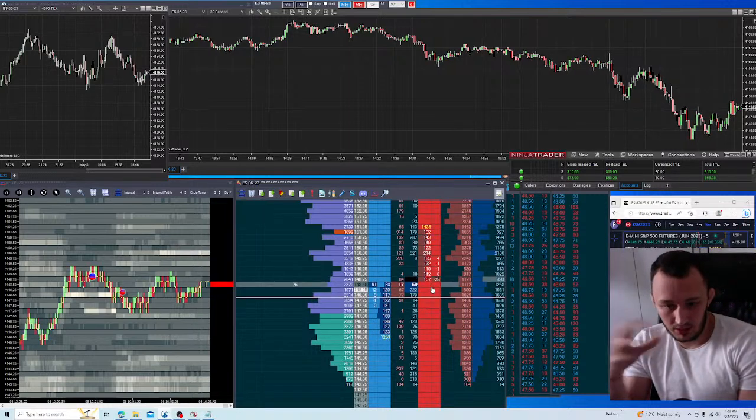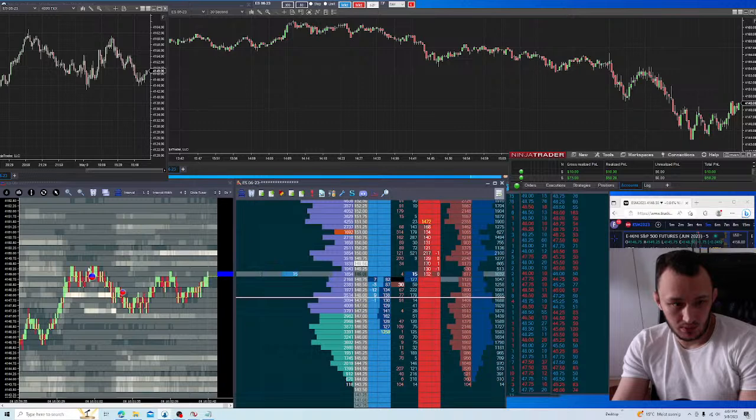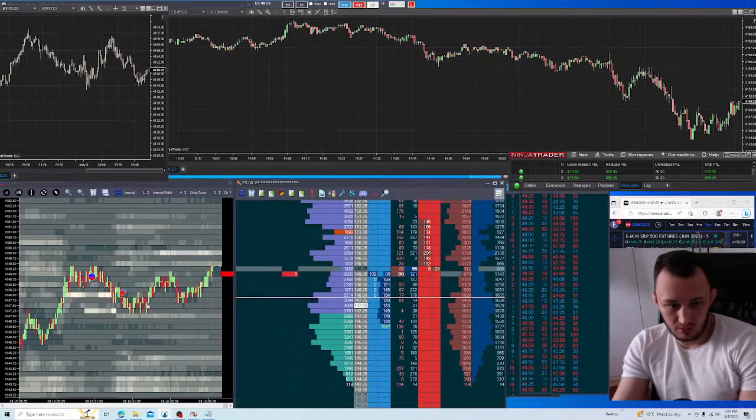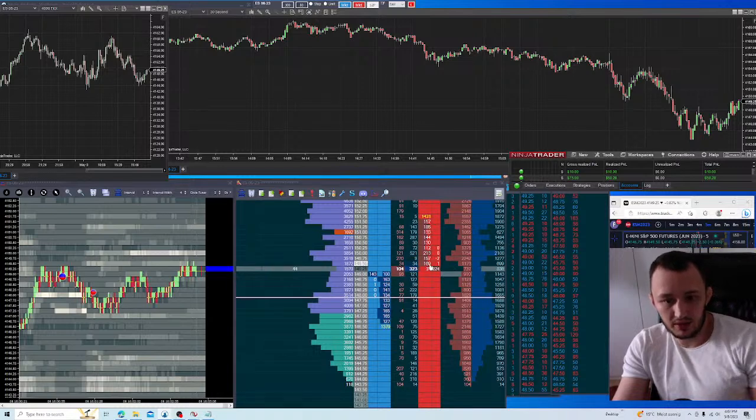So in the bigger picture of things, from what I've seen earlier, we came up to 49.25, failed, but found a bid again at 47s, which is a normal pullback. Now we traded one tick above it. Now we're into the 50s. So this was my area from earlier.